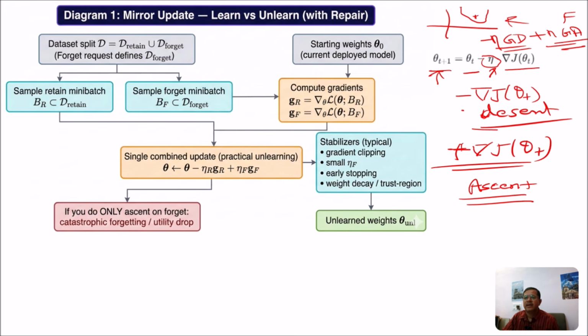Here the gradient descent part is for retaining and the gradient ascent part is for forgetting. That's why we need two types of data. One dataset is for forgetting and one dataset is the part of information we want to retain.